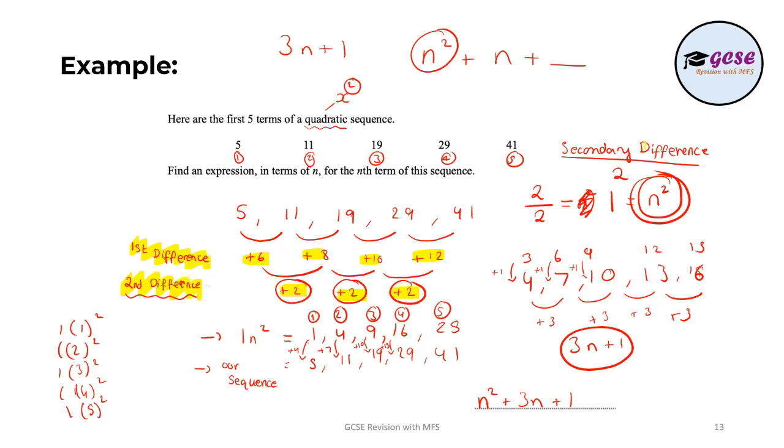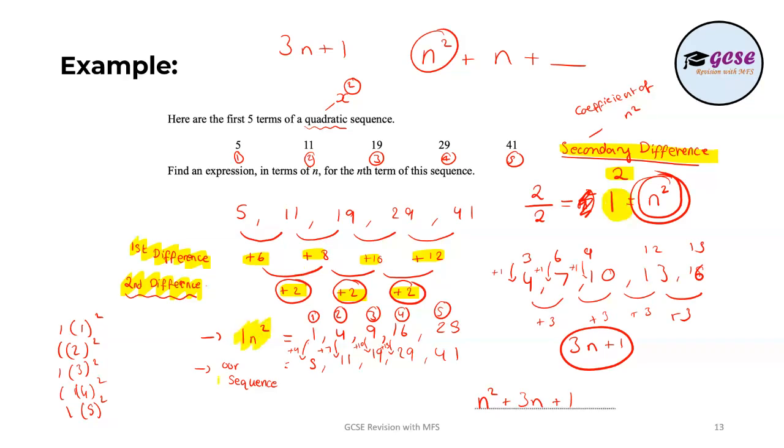Then you divide the second difference by 2. And that will give you your coefficient of n squared. In this case, the coefficient of n squared is just 1, so you write down the sequence of 1n squared.